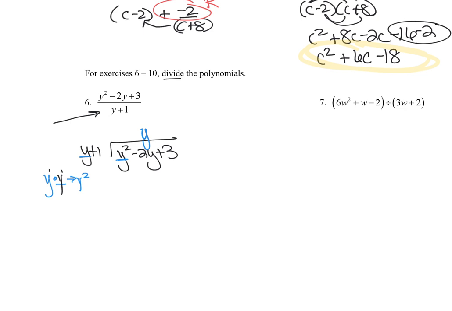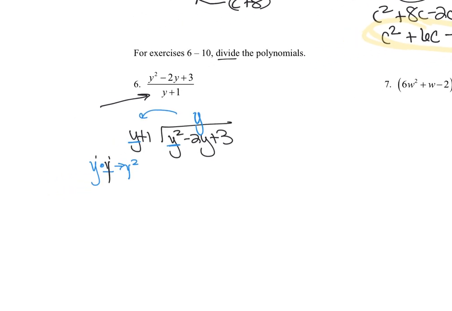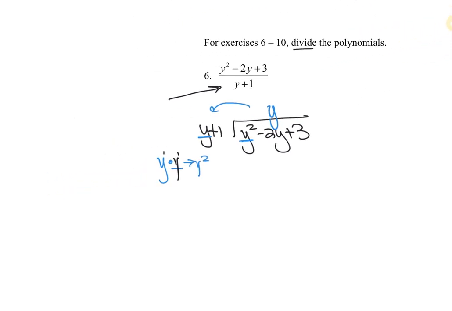I'll need to skip down to the second term. And then coming back around, I'm going to multiply. Remember, you multiply by both of them. Let's shift this down here. Get this out of our way. All right. Y times y is y squared, and y times 1 is 1y.